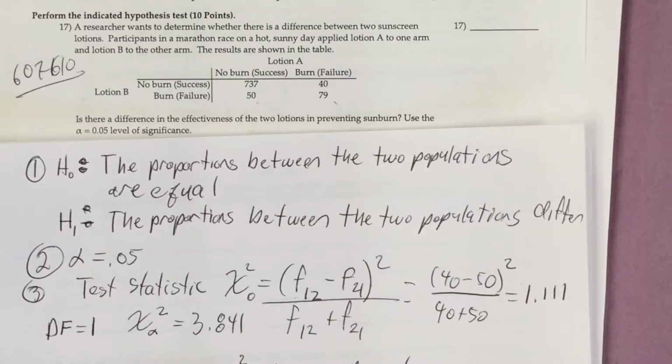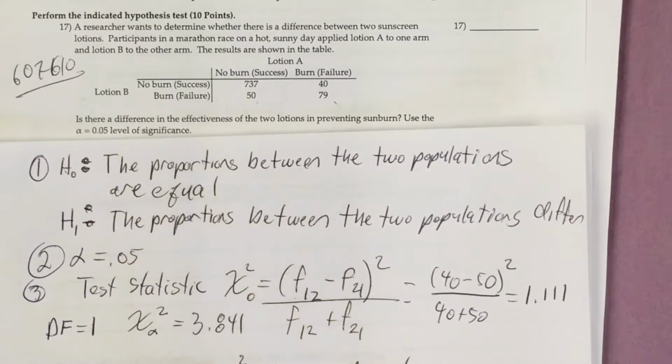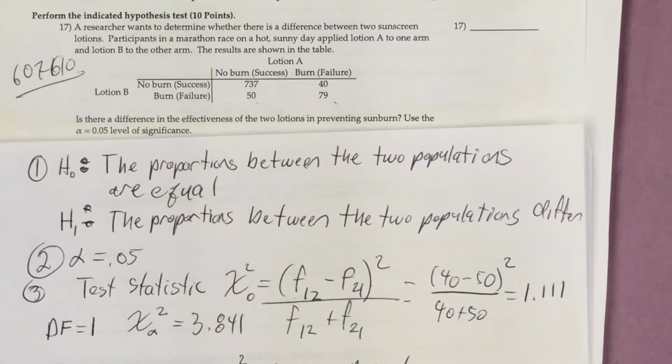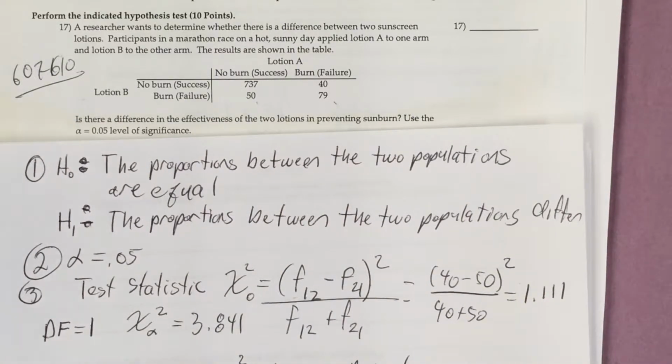So in this case, our test statistic is 1.111. Our critical value is 3.841. Because our test statistic is less than the critical value, we're going to fail to reject this.